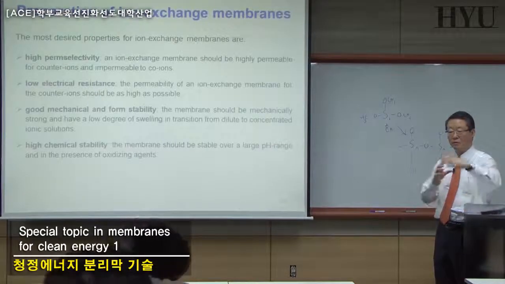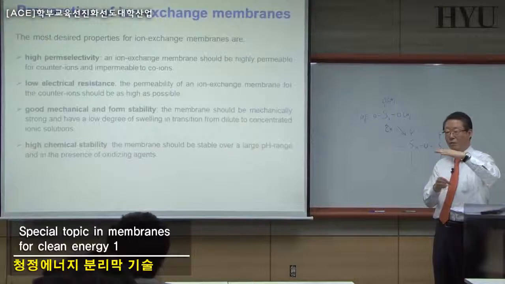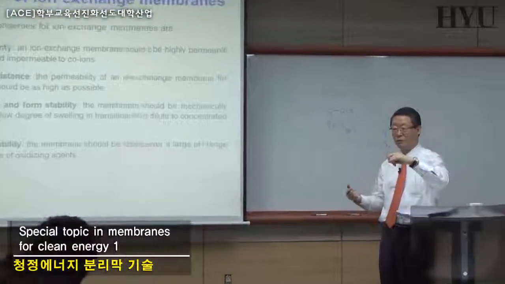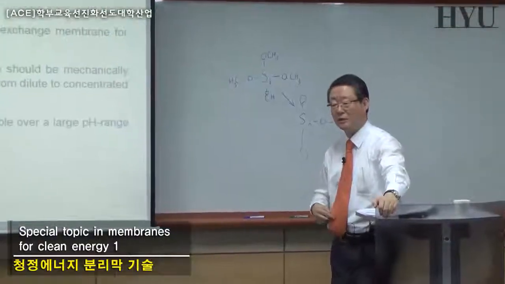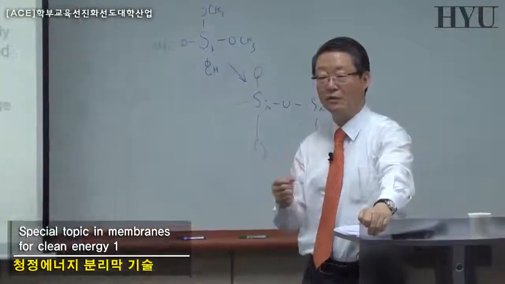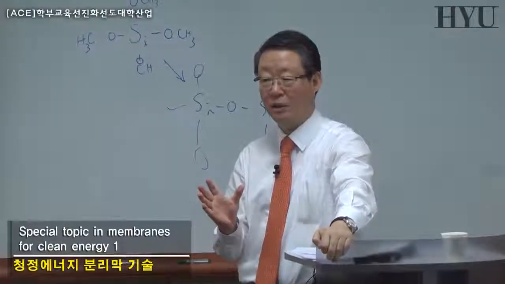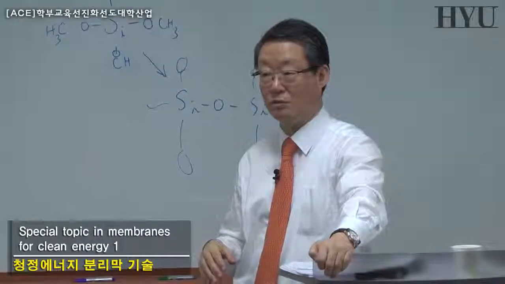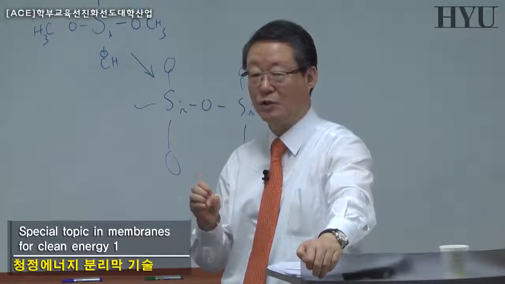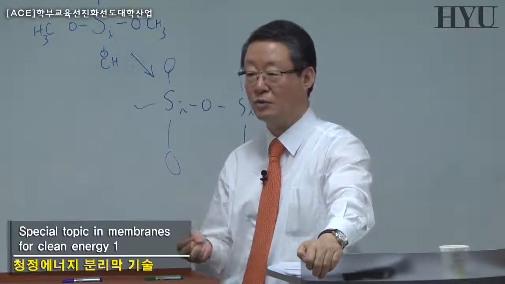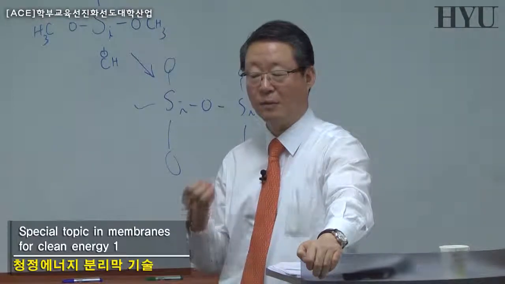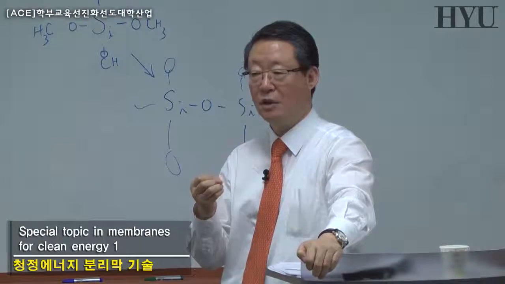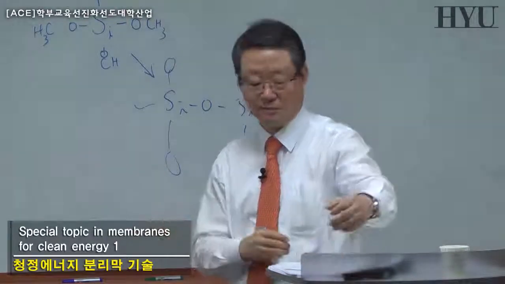You can have a proton form, a sodium form, a calcium form or something like that. Also, instead of a monovalent ion, if you have a bivalent ion, you can make a cross-linked structure. And the color changes depending upon your counter ions, such as if you have cobalt or iron, a ferrous ion, the color changes.